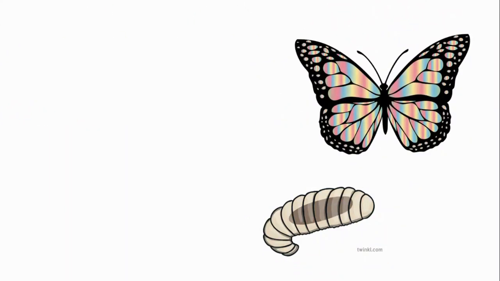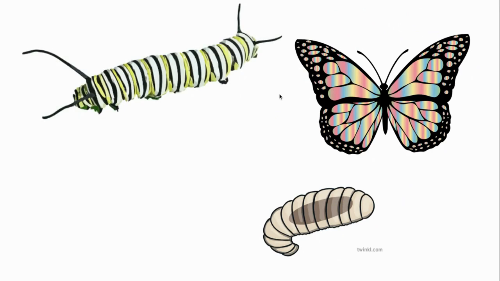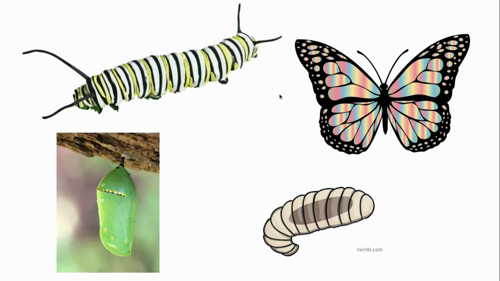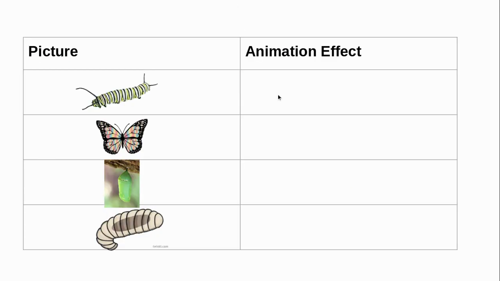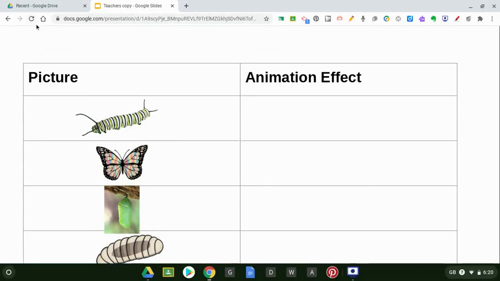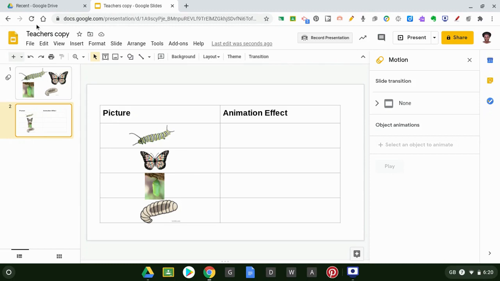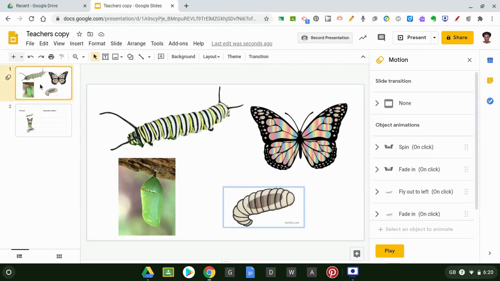There goes my caterpillar. And there comes my cocoon. And there disappears my larva. And that is how we do it. So that is how we make our pictures move.